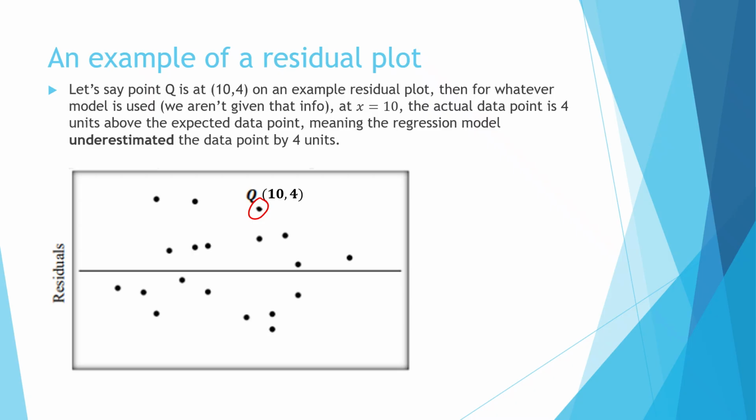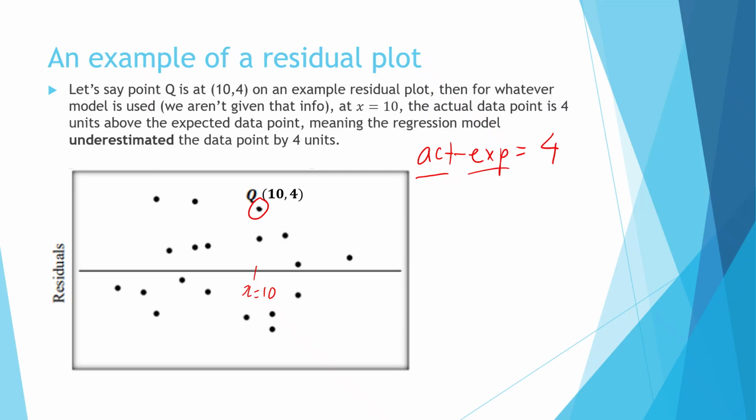At x equals 10, the actual data point is 4 units above the expected data point. Remember, actual minus expected equals residual, which in this case is 4 from the residual plot, which means the actual should be 4 units bigger than our expected value.